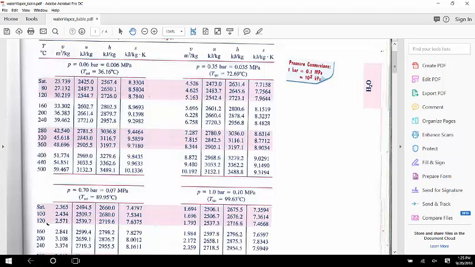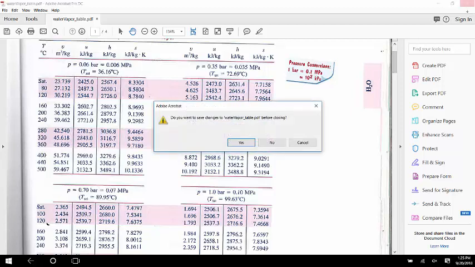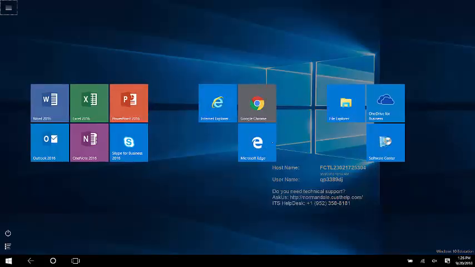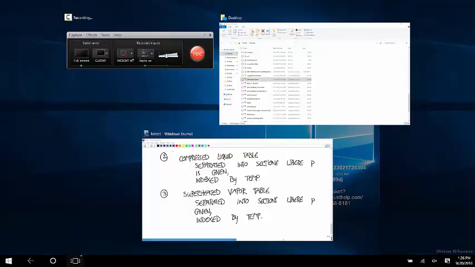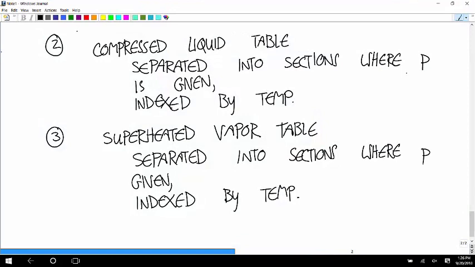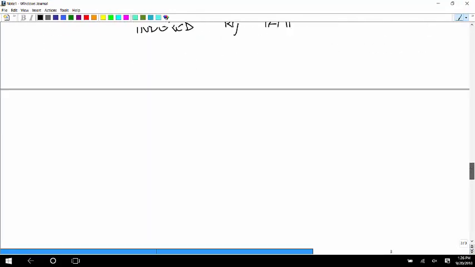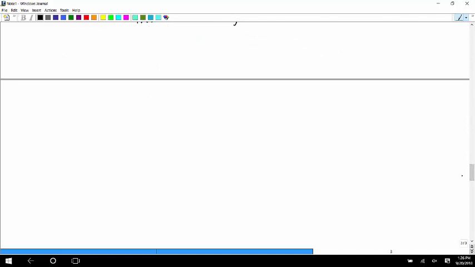It's not really for the thermodynamics that we're going to do it. We're just going to do it because it's going to be a key idea going forward. Okay, so linear interpolation.